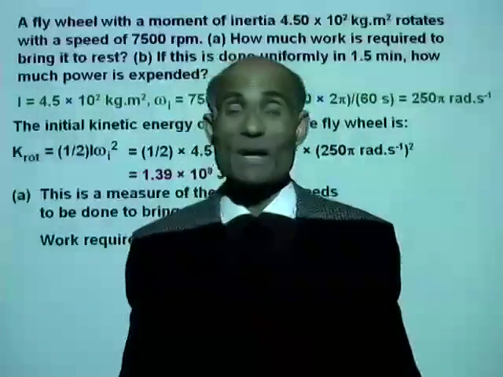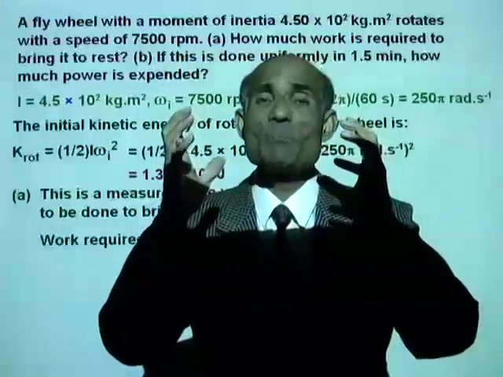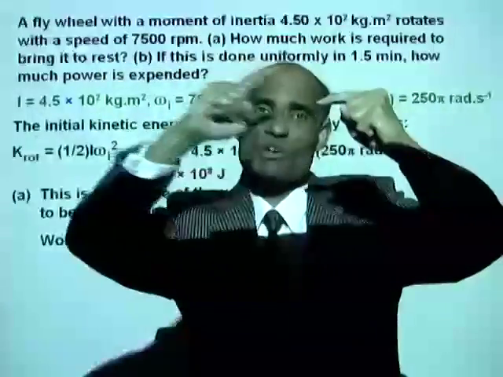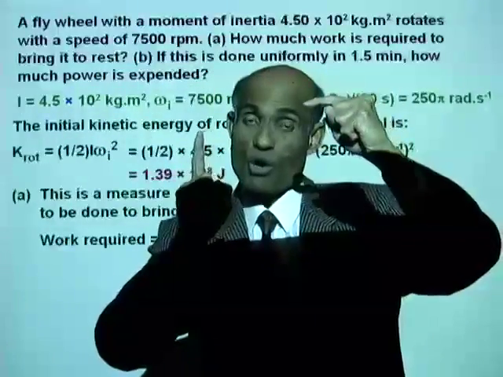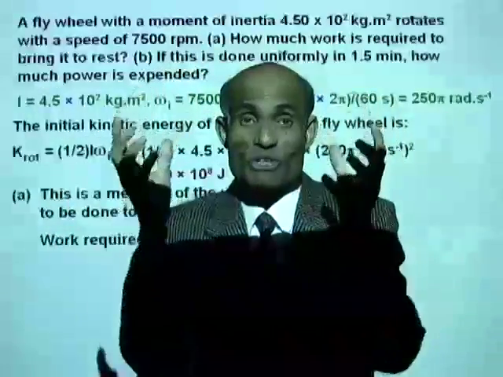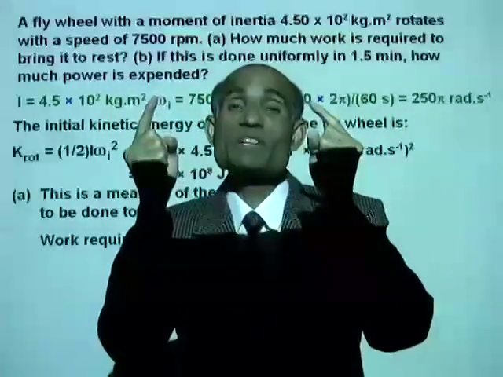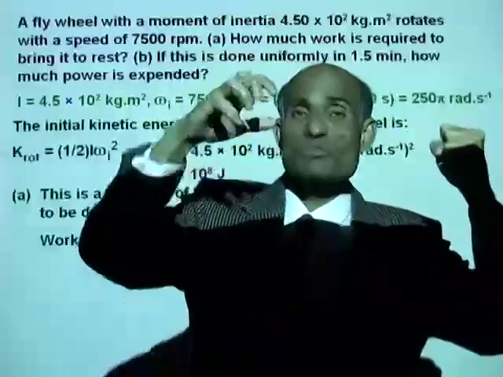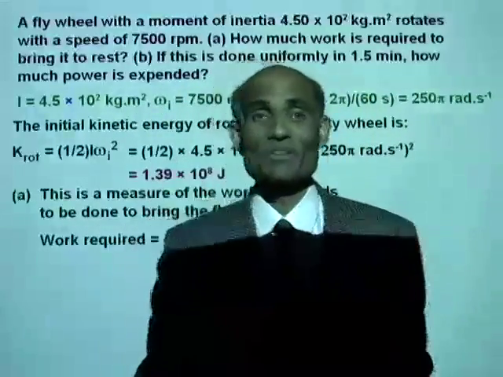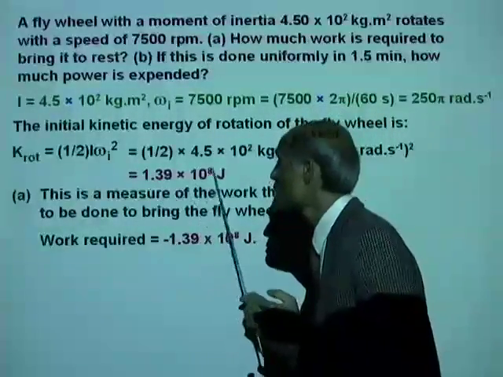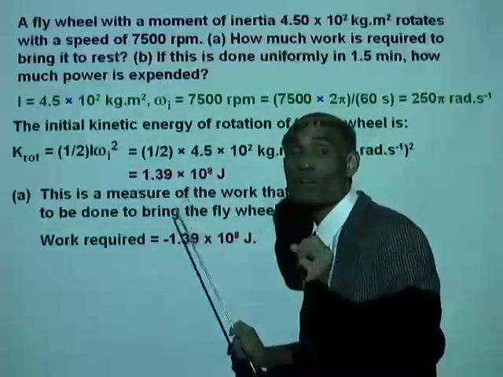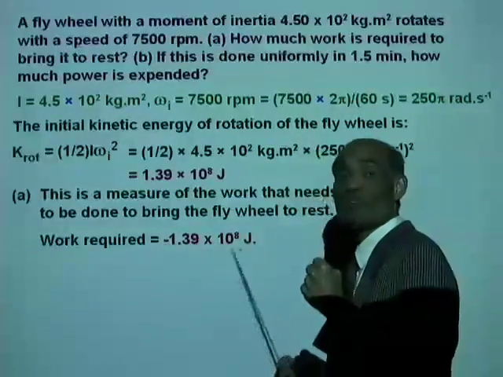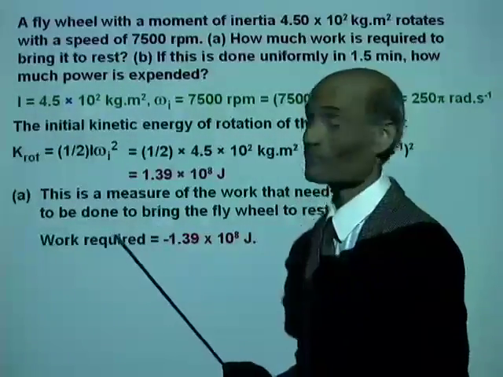Again, one more time. Kinetic energy is a measure of the work done to give an object an angular velocity, or if the object is already rotating, its kinetic energy is a measure of the work that needs to be done to bring it to rest. So if it has this much kinetic energy, then the work that needs to be done to bring it to rest is the negative of that quantity.